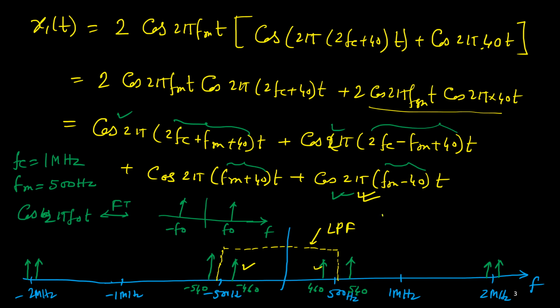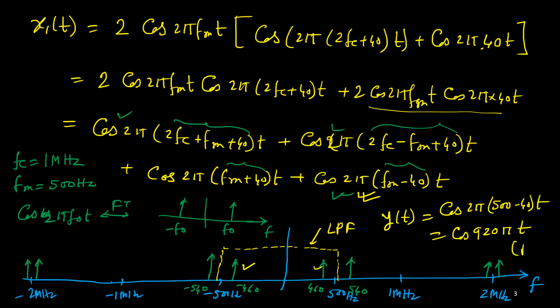So your output y(t) will be cos 2 pi times (500 minus 40) t, which is 460 times 2, so cos 920 pi t. That is the answer. The answer is B, the correct answer.